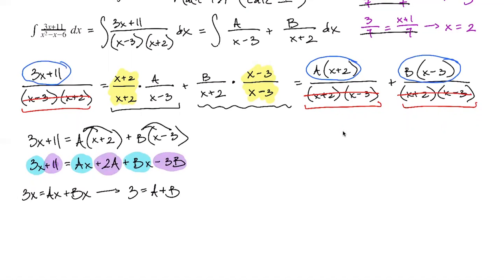That'll be our second equation: 11 equals 2A minus 3B. How could I solve for A and B here?